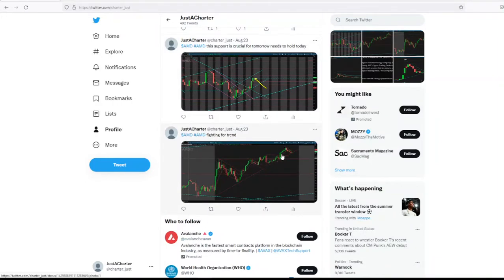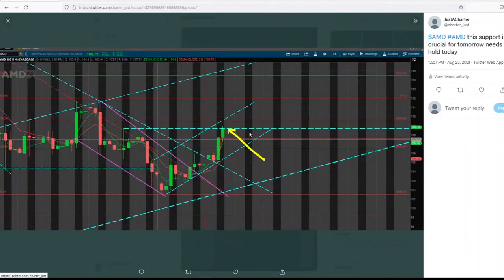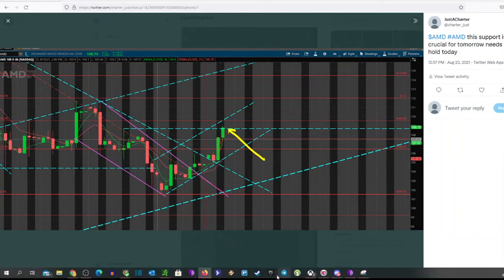I was saying AMD was fighting too much yesterday for the trend. This was a crucial spot which I mentioned. AMD needed to close above this one. It did well, but it did not hold it today. That's why it went down.